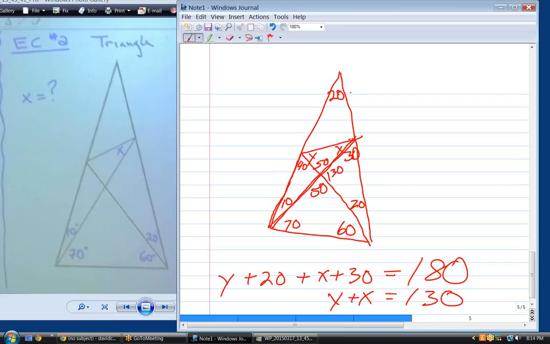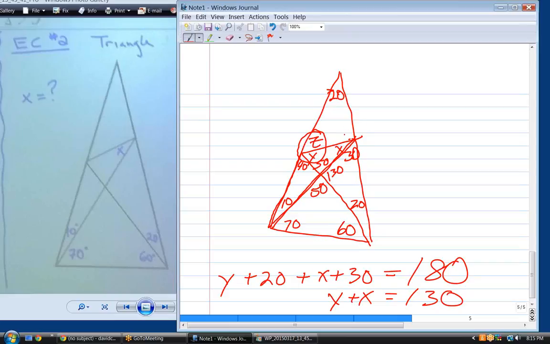And now, if this angle's 20 and this angle's 20, this whole angle has to be 140. So y plus z is 140.